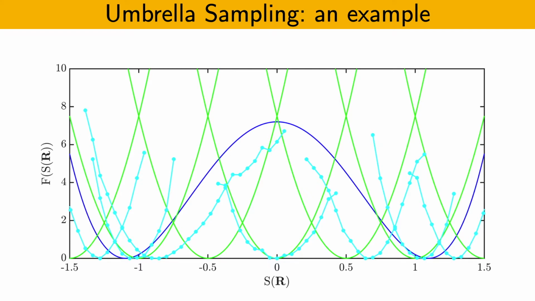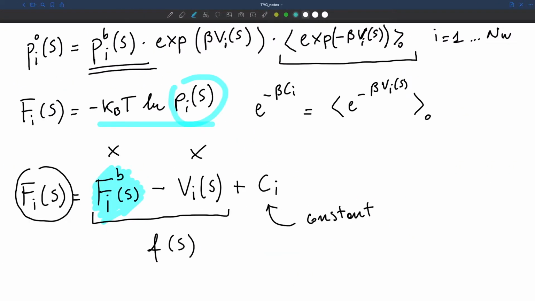But as you can see, of course, these are not our final answer. In order to get our final answer, we have to account for the presence of a bias, so we have to introduce the bias potential that we know and have defined.